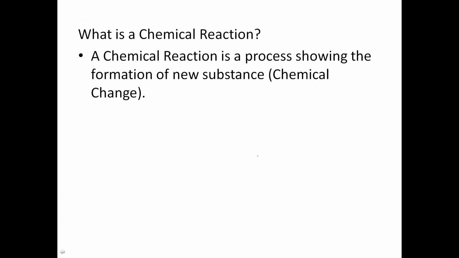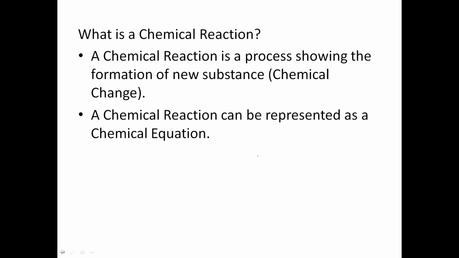Now, the question is, what is a chemical reaction? A chemical reaction is a process showing the formation of a new substance. And if you remember, when you talk about formation of a new substance, it's called chemical change. So this means that a chemical reaction shows you the chemical change that is happening.